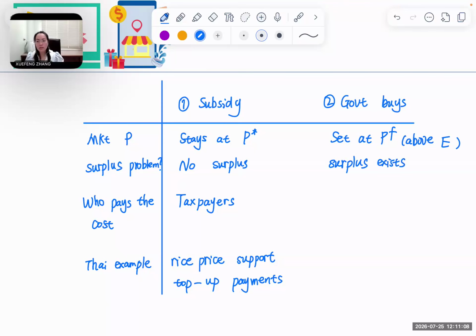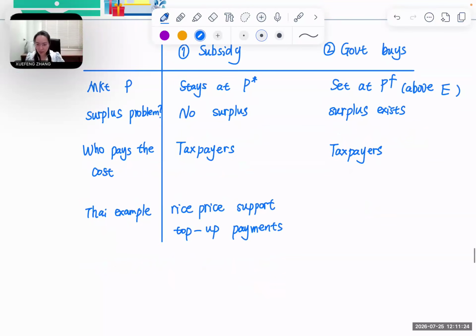And government buys it all. Another one, next one, who pays the cost? Taxpayers. And example here, rice pledging scheme.